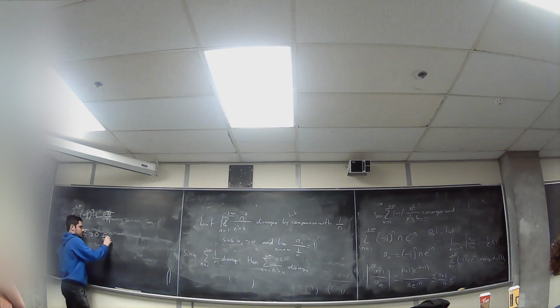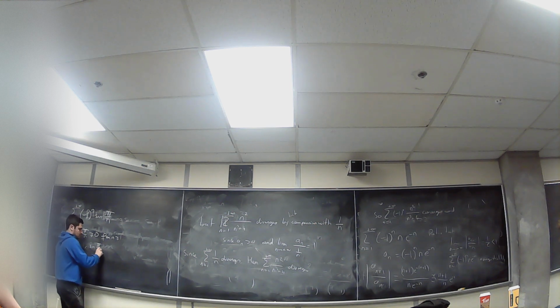Sine pi over n is positive. What can I say about sine pi over n as n approaches infinity? It decreases eventually. So on 2 to infinity, basically, it's decreasing.